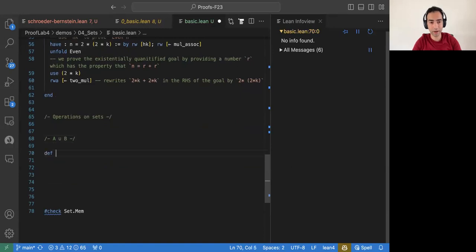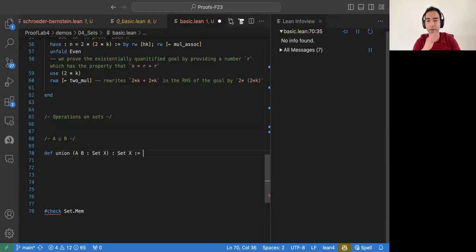So let's say I want to define union of two sets. I take A and B as subsets of natural numbers, or subsets of any other set X. That's also fine, more general. And I want to return their union, so the type of this has to be set X as well.